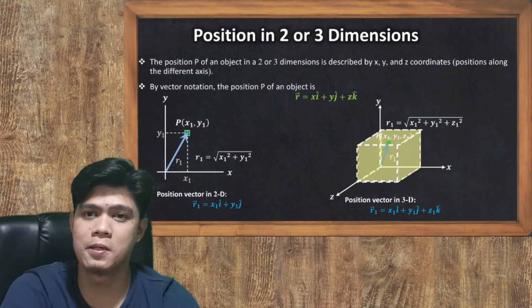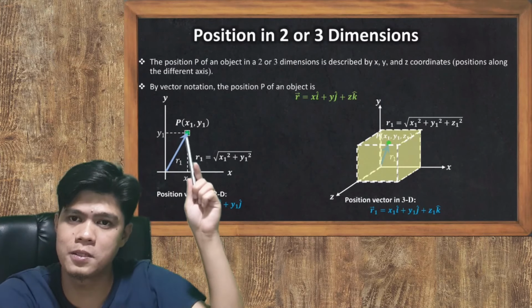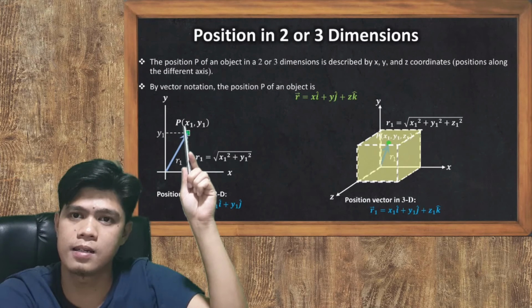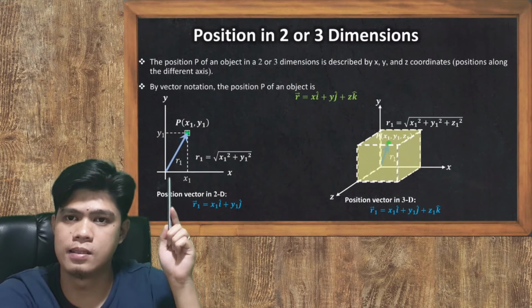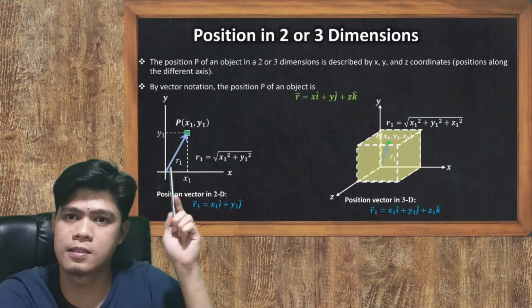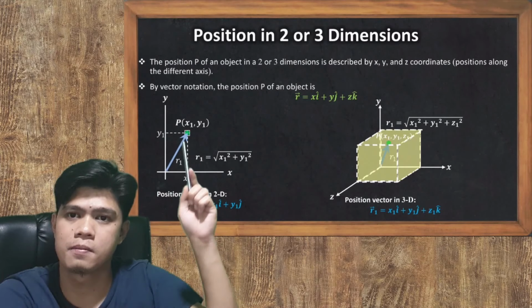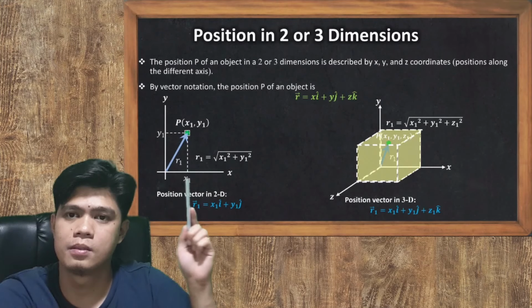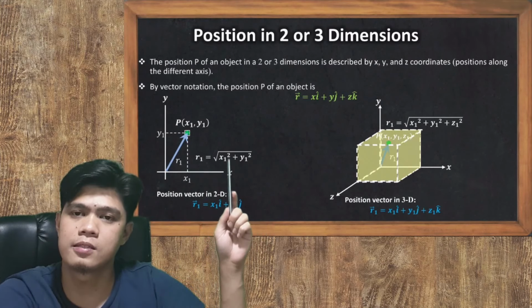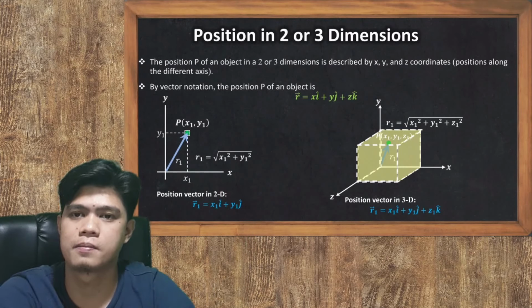So in 2 dimensions, for example, we have here an object at point P located at the coordinates x1, y1. The length of this position vector is equal to the square root of x1 squared plus y1 squared.